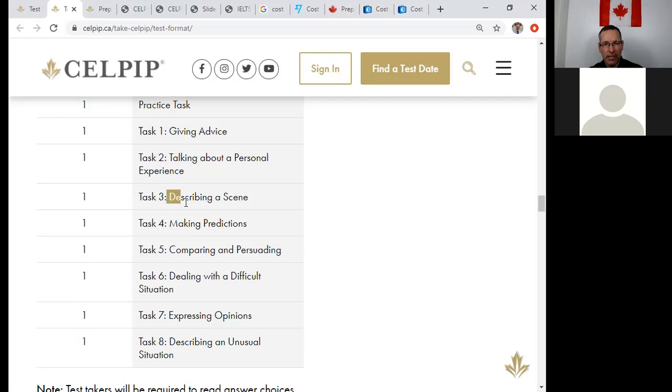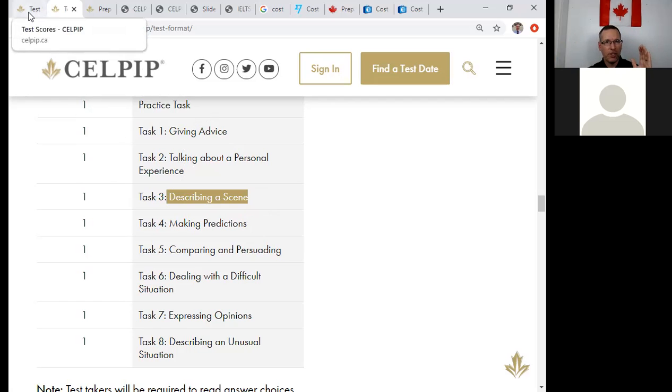And then tasks 3 and 4 are similar because you use the same picture. In task 3, you're describing what's in the picture. In task 4, you're explaining what you think different people in the picture will do or what will happen next. And so we'll look at a sample from that.